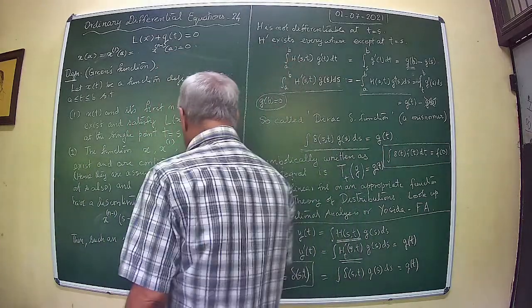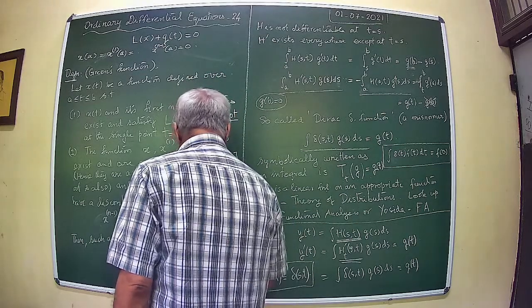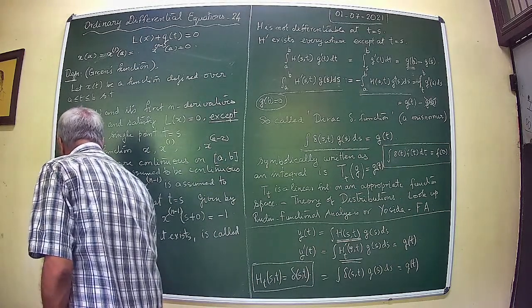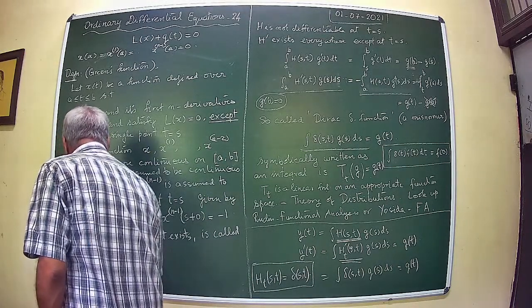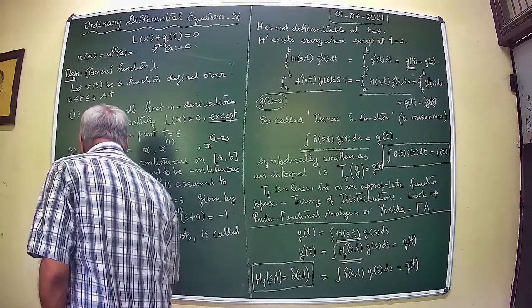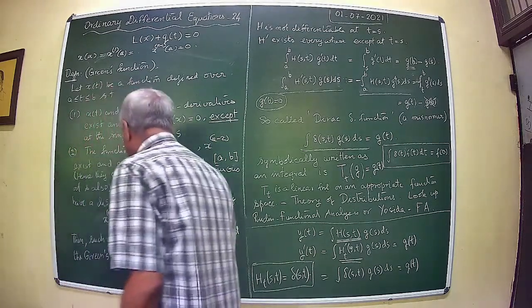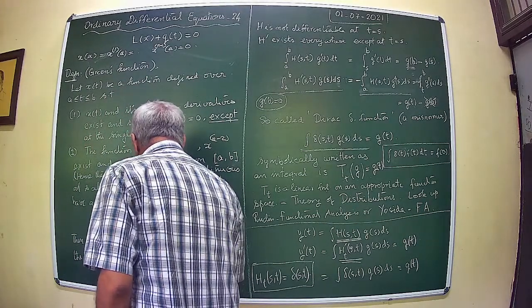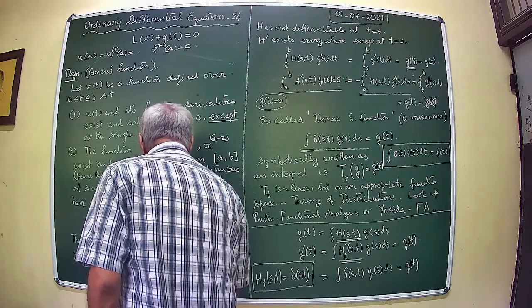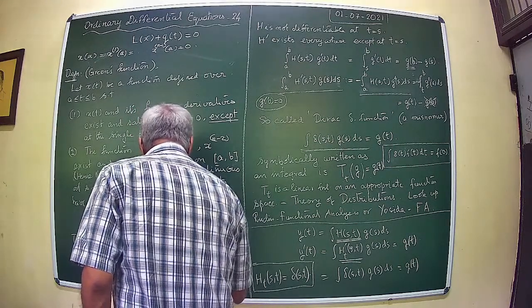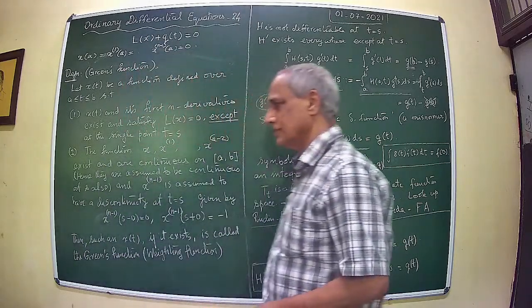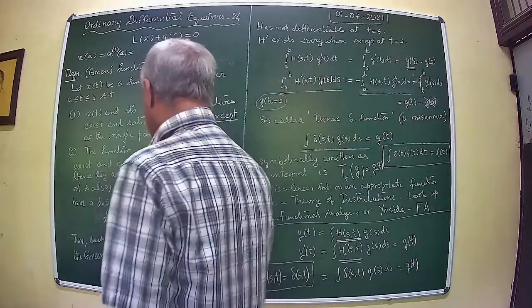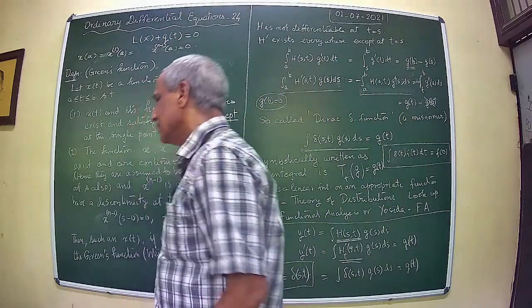If it exists, it is called the Green's function. It's also sometimes called a weighting function. It's probably an old terminology, okay, but this is certainly this would have come from the physicists.